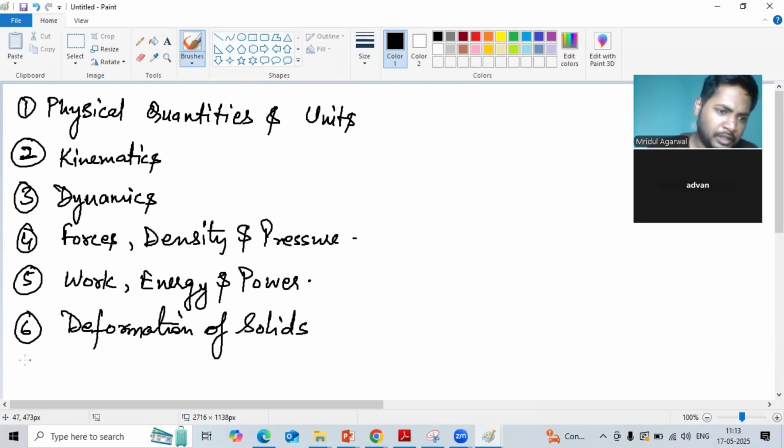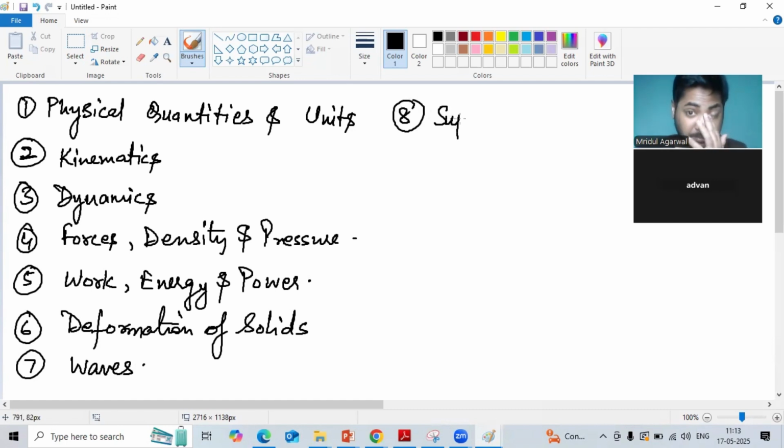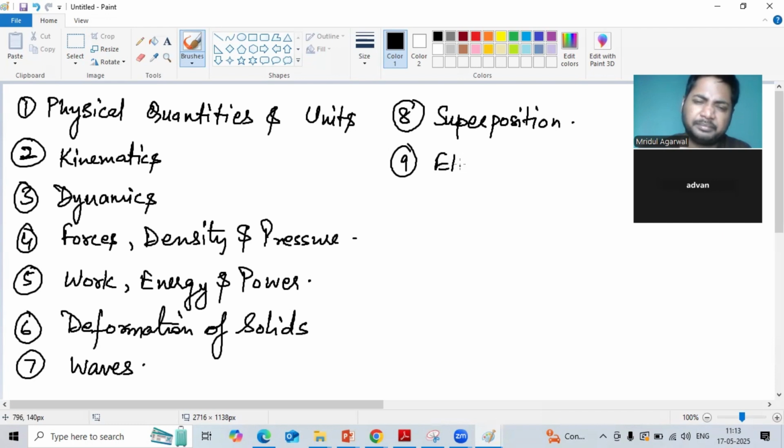And then you have waves. And then you have superposition. Correct. Then the next topic is electricity.